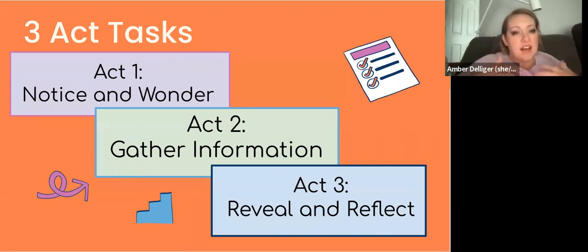So 3-act tasks are things that we're going to do in 3 specific chunks. This isn't a send them on their way and then come back together kind of activity. It is a carefully orchestrated activity where we get a piece of real world information, whether it's in a video or a picture or some realia of some kind.